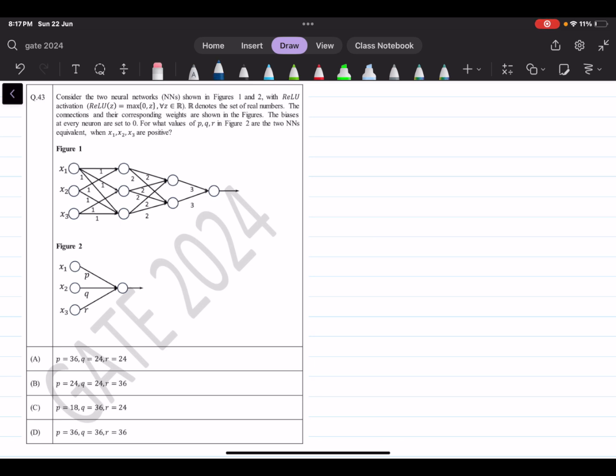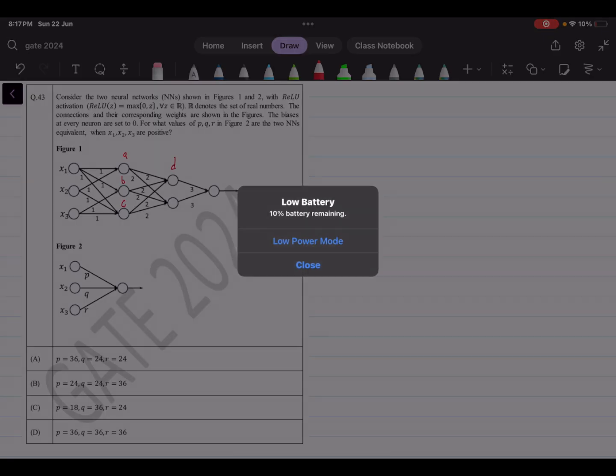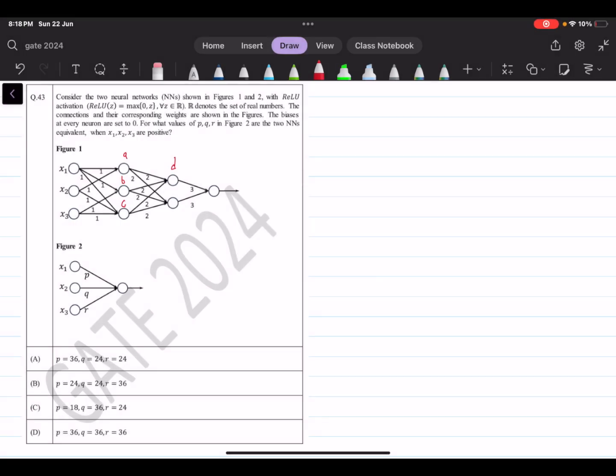Okay, so let's start. Let me give some names to these neurons. Let's say this is A, this one is B, this one is C, this one is D, this one is E, and this one is our final neuron F. Okay, so what will be A? A has two incoming connections, one from X1 and one from X2, and both are with weight 1.